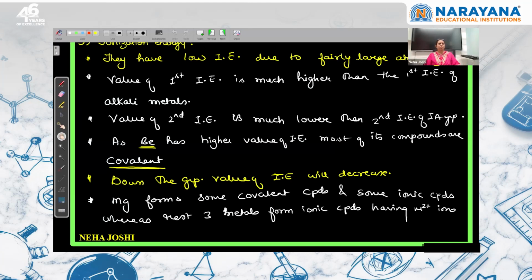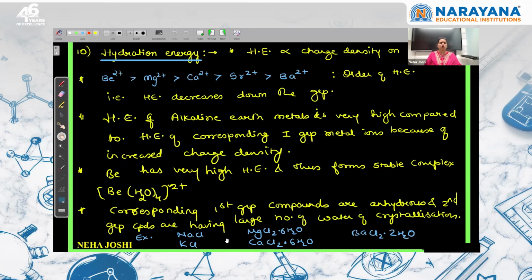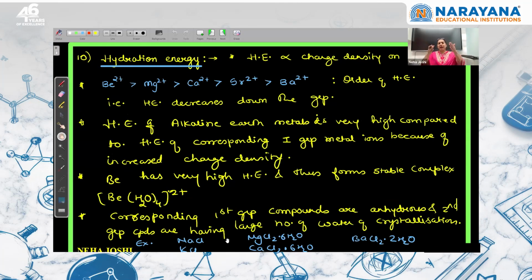Coming to hydration energy, very usual expected behavior: as we go down the group, size increasing, charge remaining same, hydration energy will go on decreasing. Hydration energy decreases down the group. Yes, as compared to first group, their hydration energy is high. Reason: size is becoming smaller, charge is increasing.